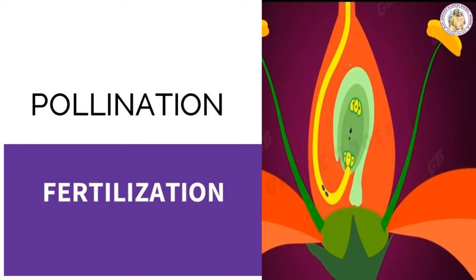So the transfer of pollen grains from the anther to the stigma of a flower is called pollination. The second one is fertilization. These are the two steps involved in sexual reproduction.